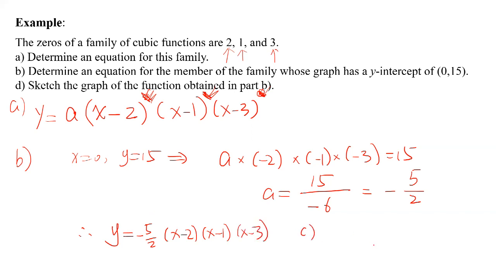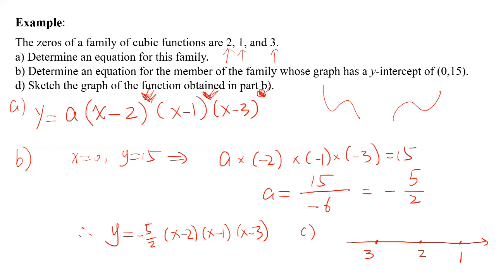Next, we can sketch this function. First of all, you can label the zeros first. Zeros are 3, 2, 1. And the end behavior: because this function has a degree of 3, it has a pattern like this or this.